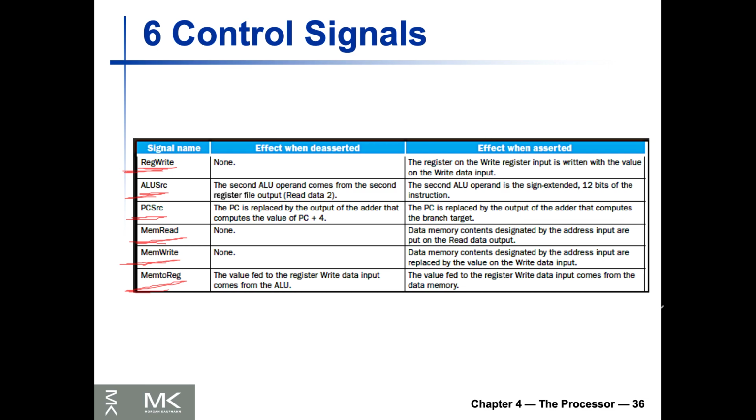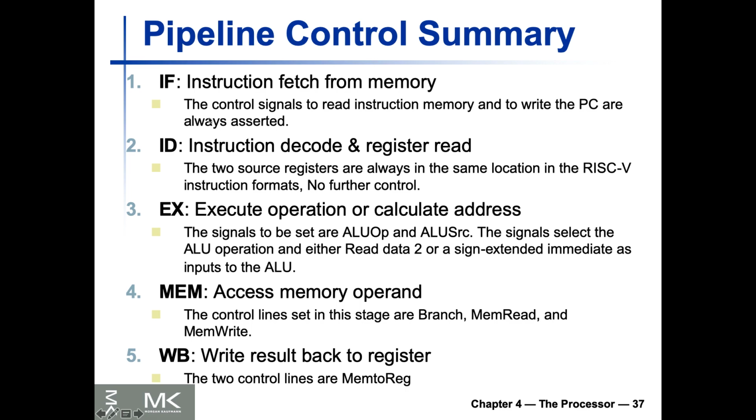For the instruction fetch, what we need to do is the control signals to read and write the PC are always asserted. So at this point, when we enter this phase, we don't need to assert anything else. So when we reach this state, that means that the control signals and read instructions are already okay. So we can pass through that and go to instruction ID.